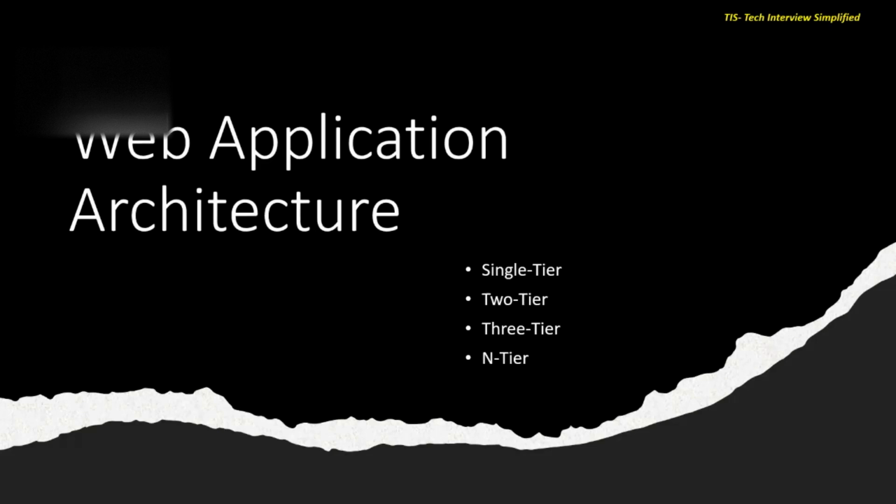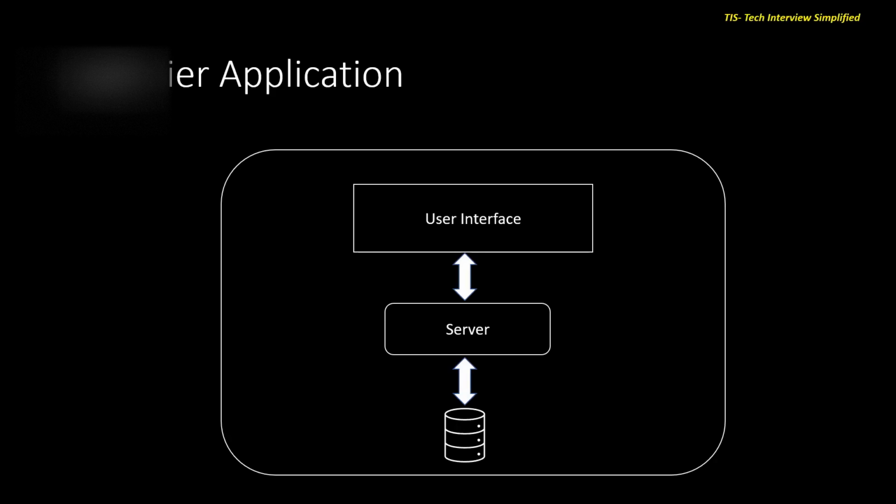Now, if we talk about a single layer architecture, single layer or single tier architecture is putting all the components of an application, and when I say all, it means the backend and front end both, on just one server.